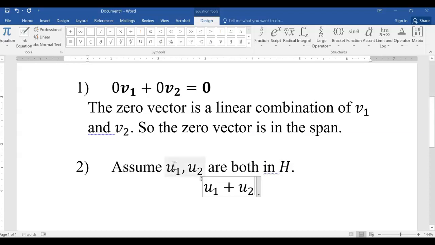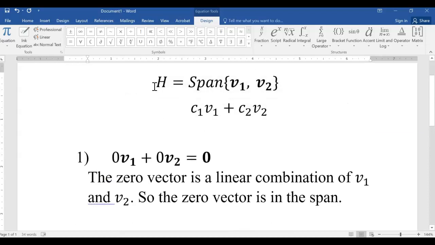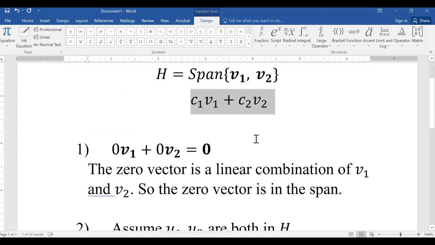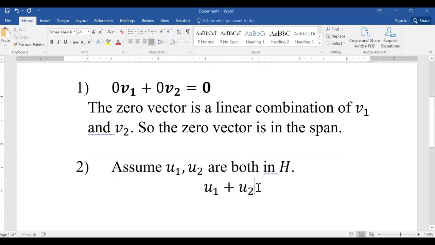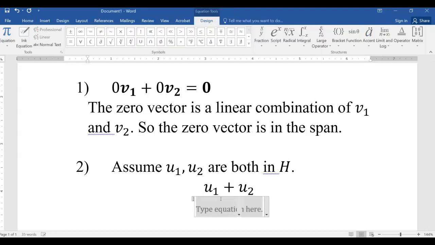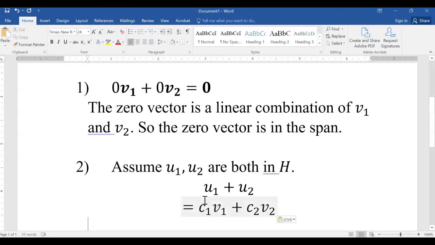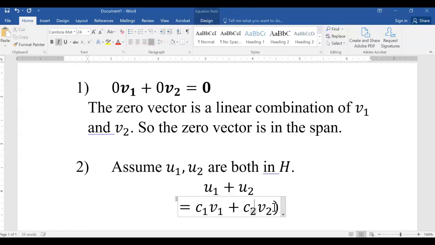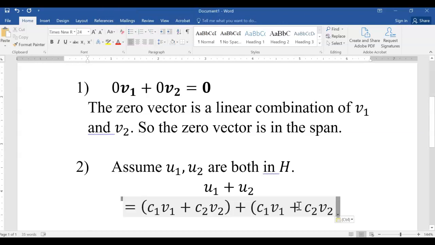Well, since u1 is an element of H, we can replace u1 with some linear combination. So u1 must be a linear combination of v1 and v2. And since u2 is in H, u2 is also going to be a linear combination of v1 and v2, right?